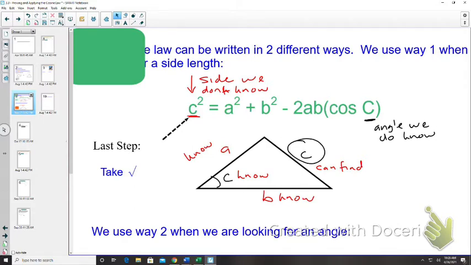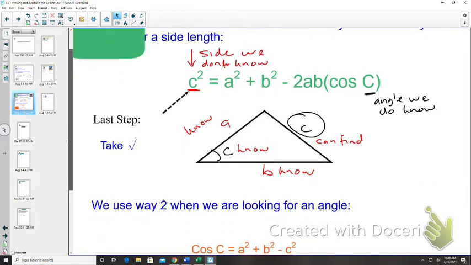So make sure that you don't forget to take the square root of that, okay? I'm going to show you guys how to enter this into your calculator in one step because it's going to make our lives easier, okay? So we just cannot forget to take the square root there, okay? All right, so that is one strategy.